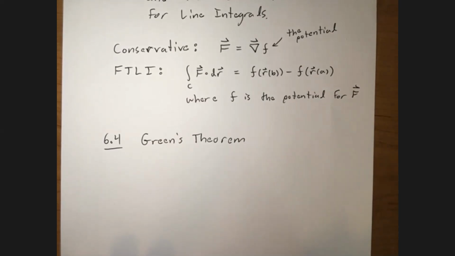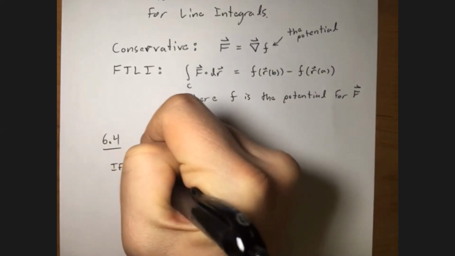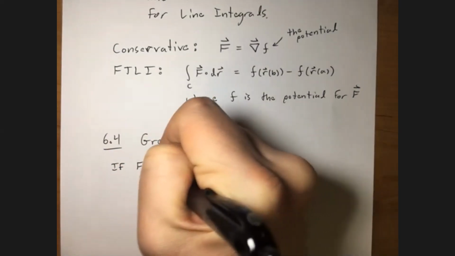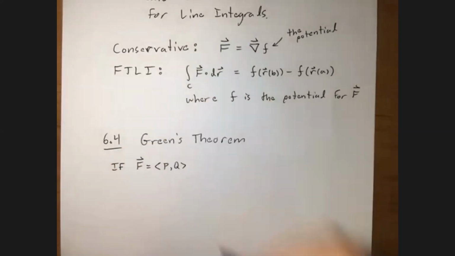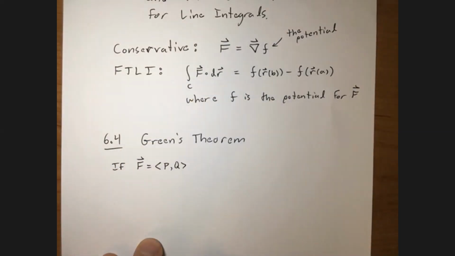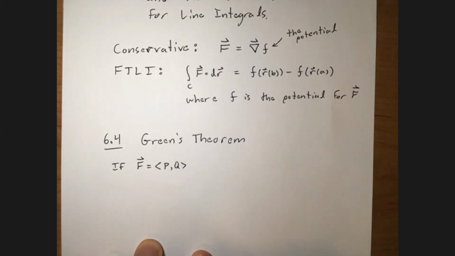To state Green's theorem more precisely, let me write it out carefully here. Suppose that f is given by P and Q, just like I said on the first sheet, these are the two functions that define the components of f.